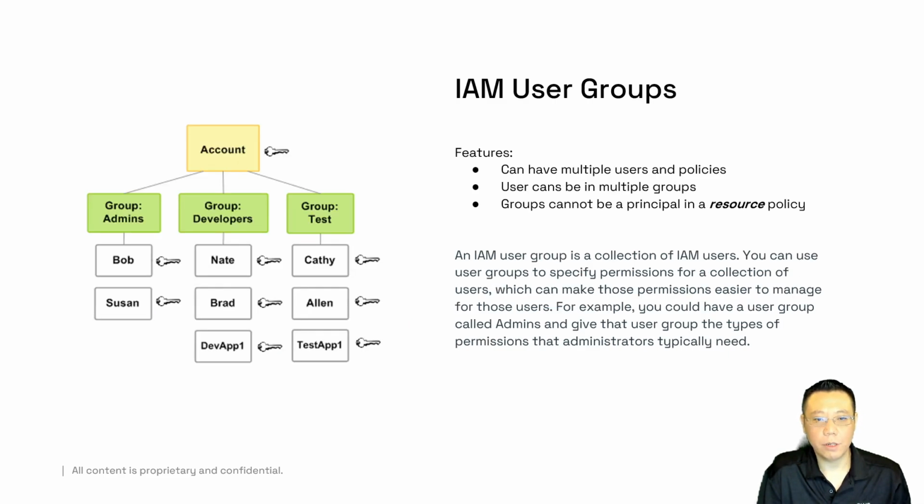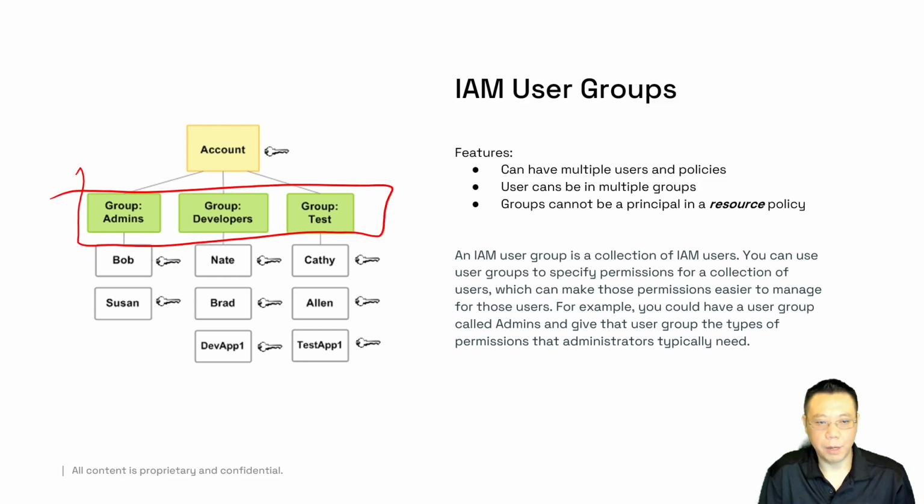Now we have the other option we call groups. Groups are a non-nested means of saying I can have multiple users in multiple groups, but I cannot have groups inside each other. Notice that they have a fairly flat hierarchy, where we have multiple groups and multiple users in those groups, but you cannot have groups within each other, okay? The other thing to note is that as a principle, as a source entity, groups cannot be applied to what's called a resource policy.